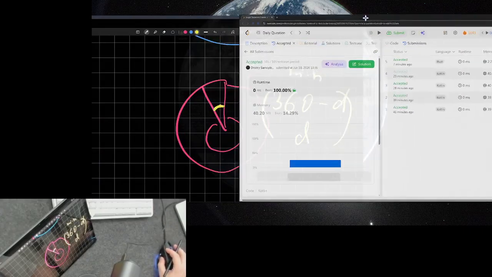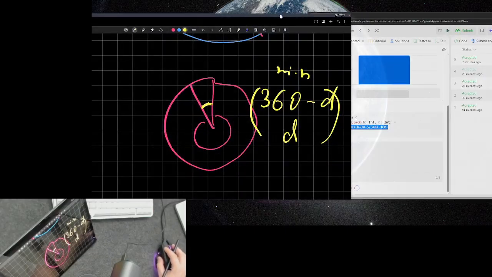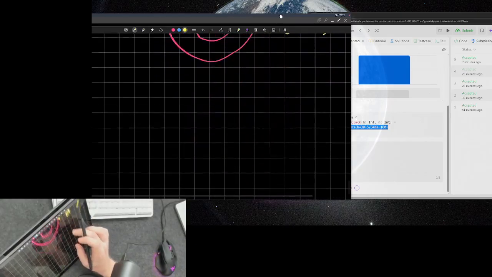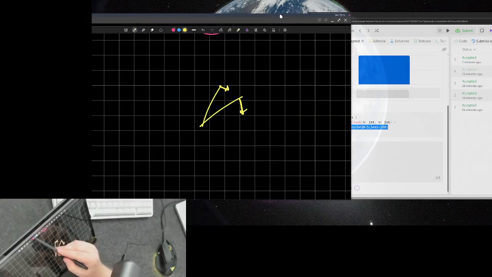I will show you this one, and it's about complete magic. So let's think about this problem a different way. The arrows in each minute go at a different speed, but we have the angle between them.